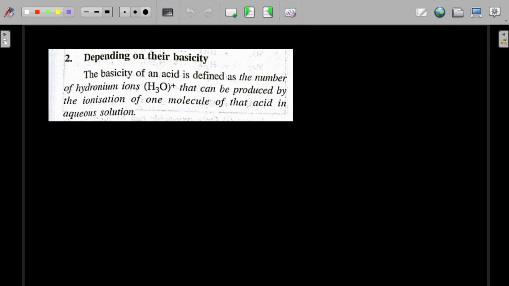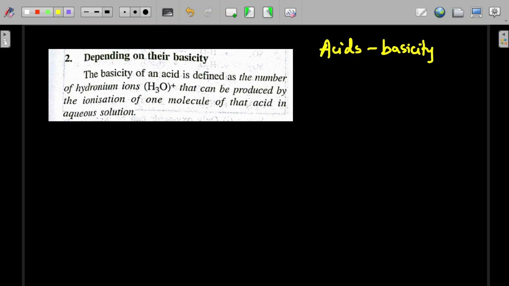Third one. Actually, this is the main part, that is classification depending on their basicity. Remember, many of you might have confusion. When we are learning acids, we learn the basicity for the acids, meaning how many hydronium ions it produces, meaning with how many base molecules it can react.